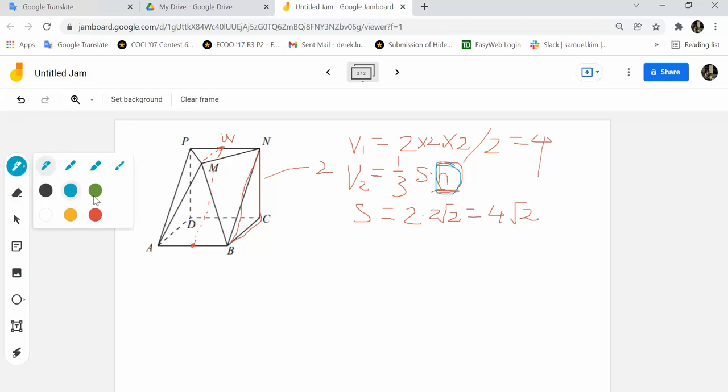W, Y, let's say WY, okay? MWY. So this plane MWY is good, right? This plane is also perpendicular to that plane, P and AB, right?